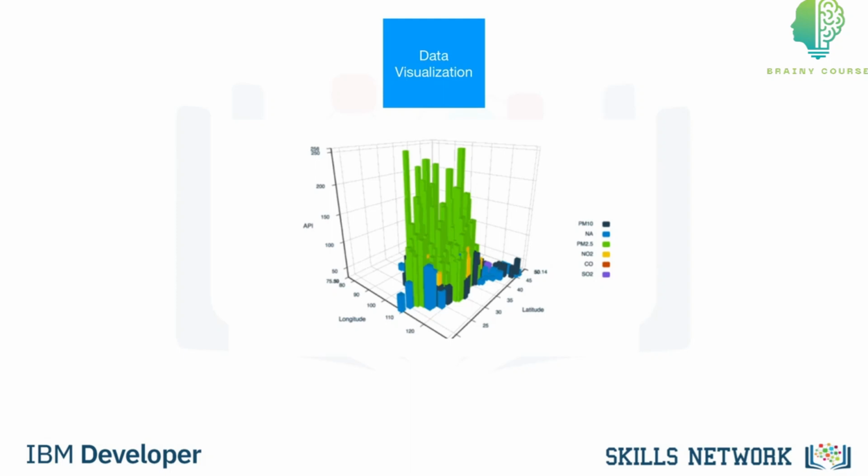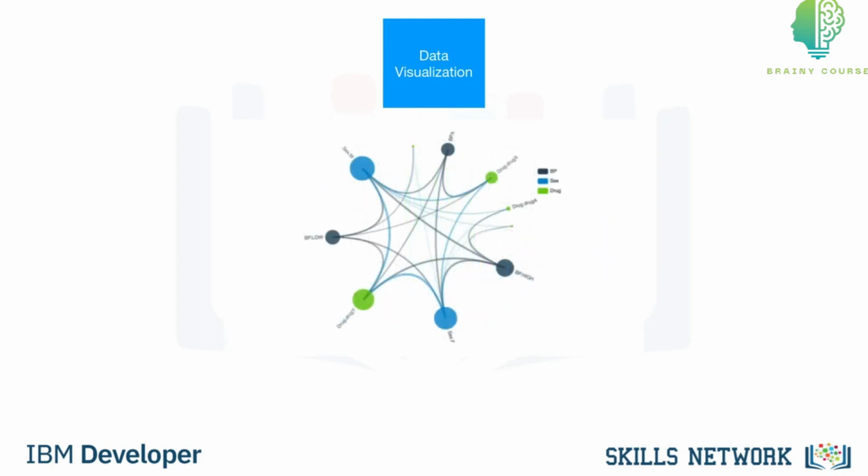For example, this 3D bar chart enables you to visualize a target value on the vertical dimension, which is dependent on two other values on the horizontal dimensions. Coloring enables you to visualize a third dimension. Hierarchical edge bundling enables you to visualize correlations and affiliations between entities.